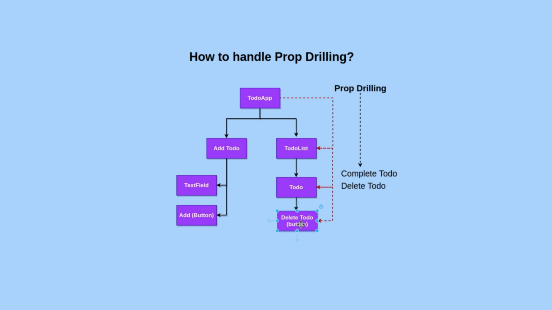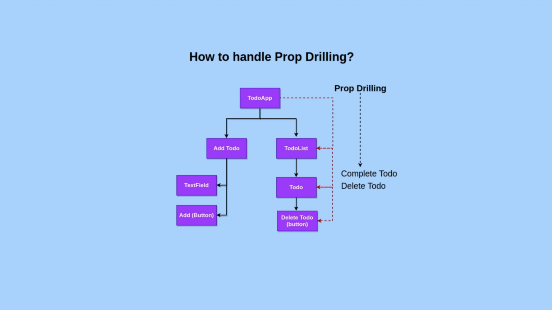Apart from that, let's say that in future the client asks that this particular functionality is not required. Then we have to make changes in our existing application, and while solving the problem of prop drilling, we may be prone to errors.